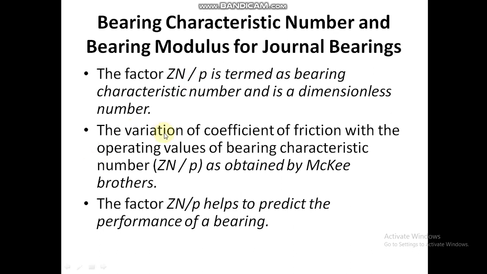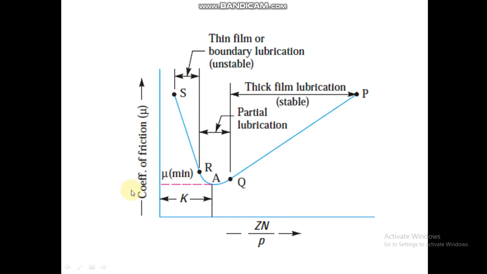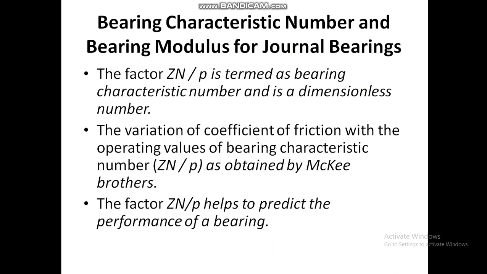The variation of coefficient of friction with operating values of the bearing characteristic number was obtained by the Mackey brothers. This is the graph between coefficient of friction and ZN by P, that is the bearing characteristic number. The factor ZN by P helps to predict the performance of a bearing.